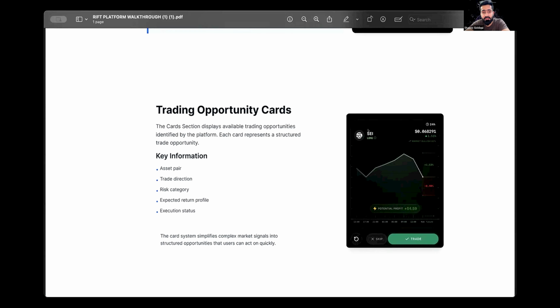You guys can take a screenshot for tomorrow if you want, or I can send this document in the group so that everybody can circulate this for tomorrow. Let me first drop the white paper link.